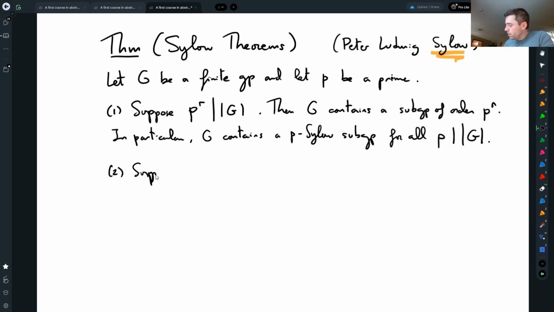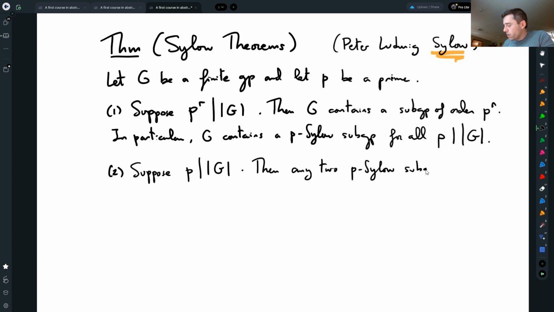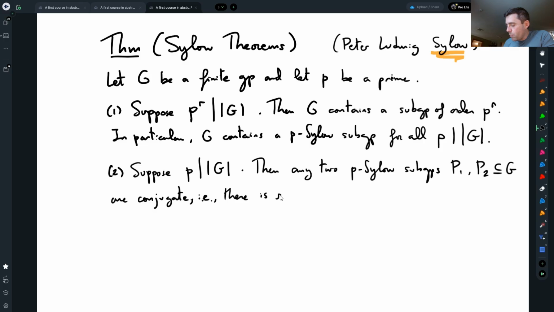Suppose that P does divide the order of the group, then any two P-Sylow subgroups, say P1 and P2 of G, are conjugate, i.e., there is some g in G such that g P1 g inverse, the conjugate subgroup to P1, is P2.